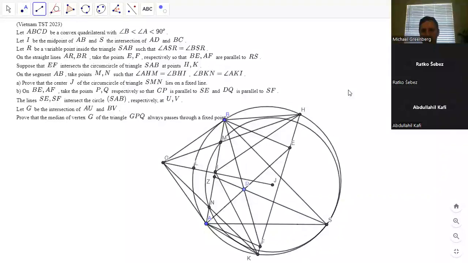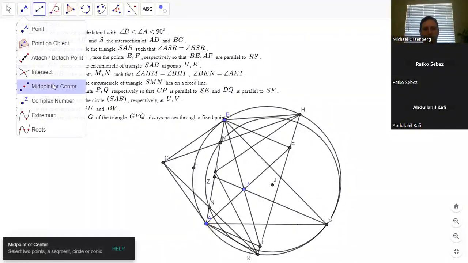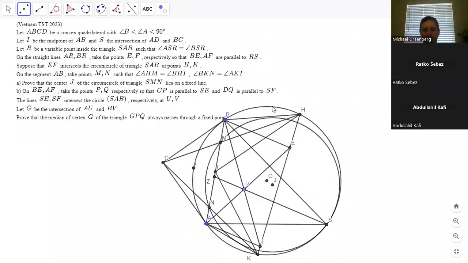Well, where did I go wrong? Oh, no, it would be the center of the circumcircle ABC, which we haven't actually drawn. So O, L, I, G, I think are collinear. And this is collinear. Oops.